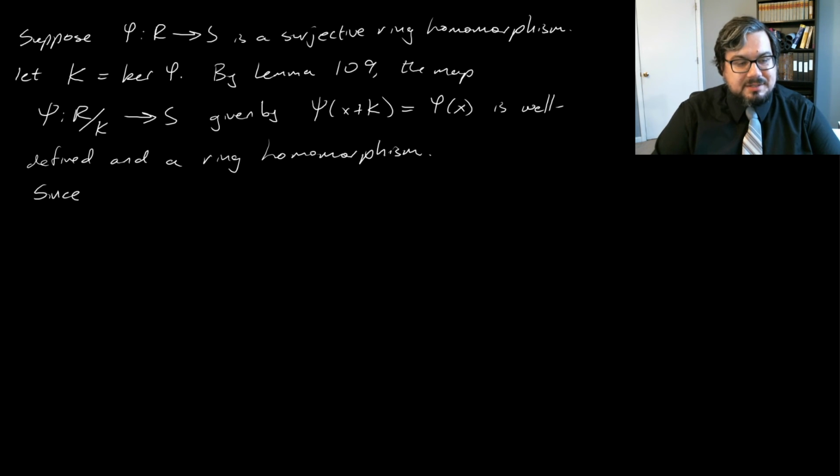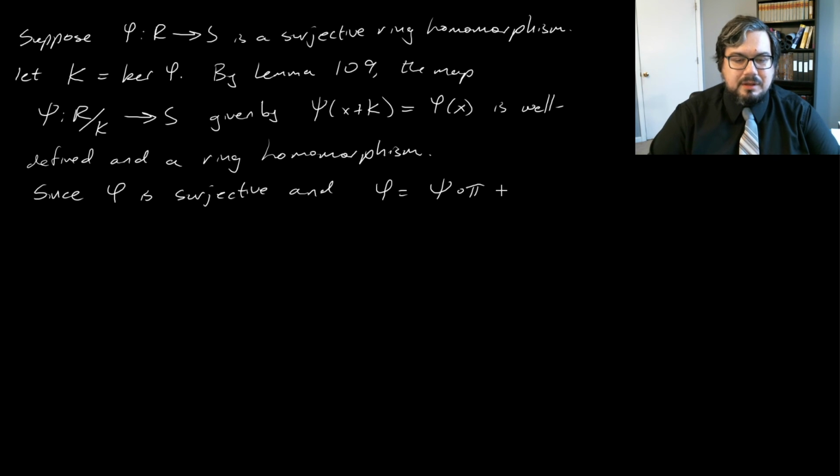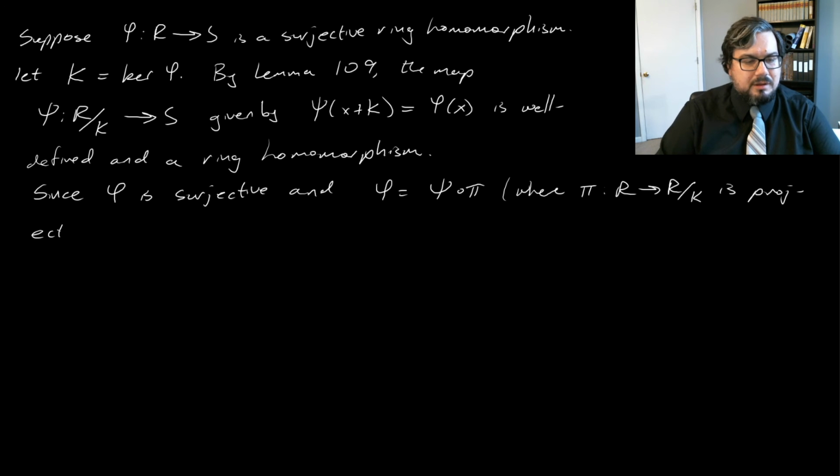Now, since phi is surjective and phi is equal to psi composed with pi, where pi from R to R mod k is the projection map, we must have that psi is surjective.